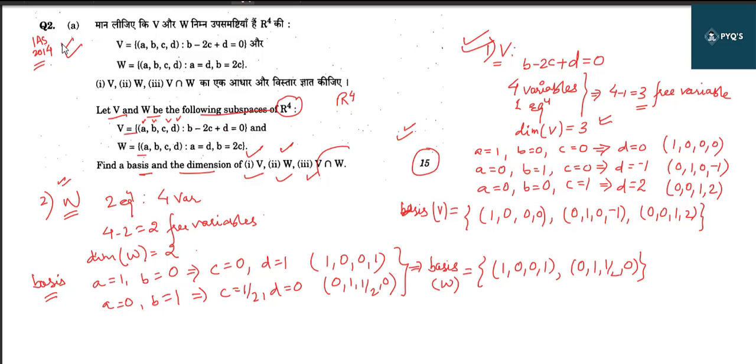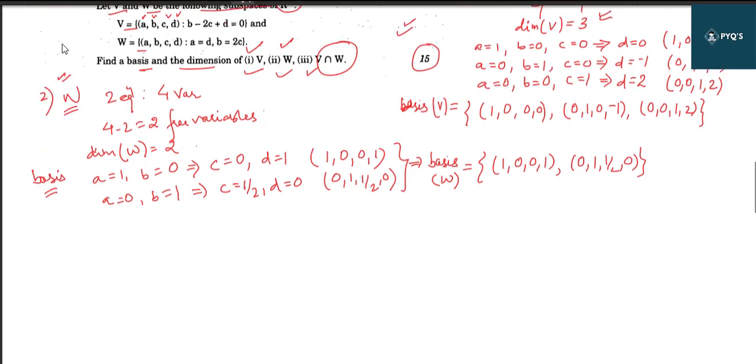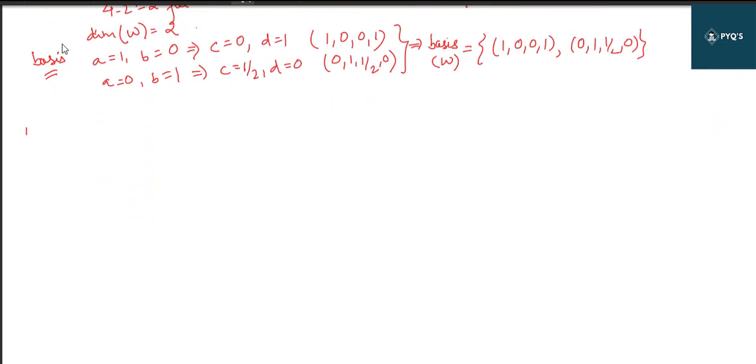Now we need to find V intersection W. So for the third part, V intersection W, we are given V as A, B, C, D, where the equation is B minus 2C plus D equals 0.